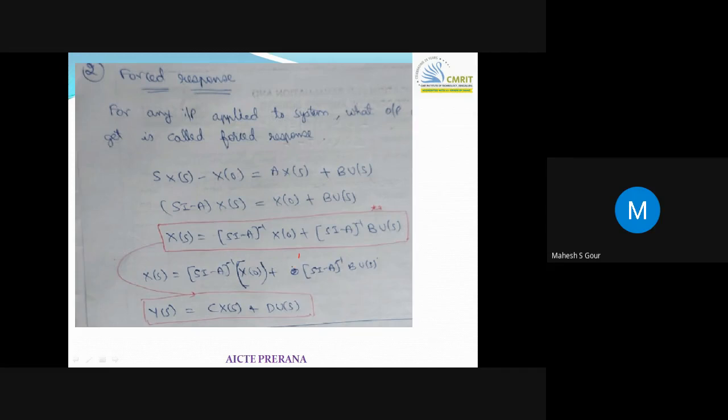If you have any problem, you can text me with respect to control system. I'll try it. I'll solve it and I'll mail you or I'll WhatsApp you. If you face any difficulty in solving any problem in control system, just text me and I'll be helping you. Okay. Sir, can you send these materials, the PPTs? PPT. Okay.